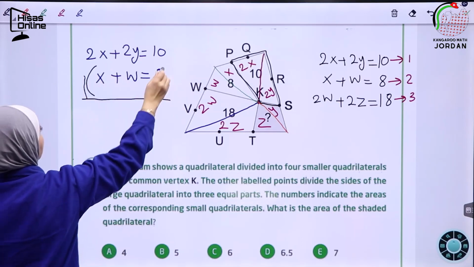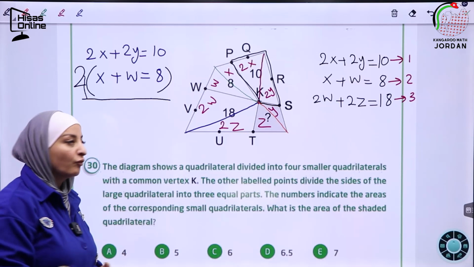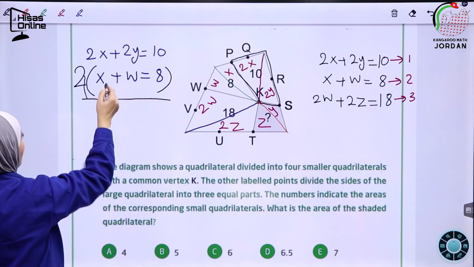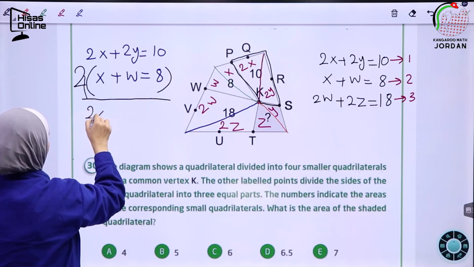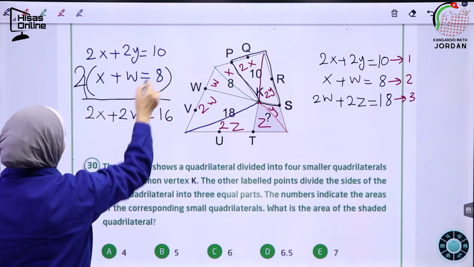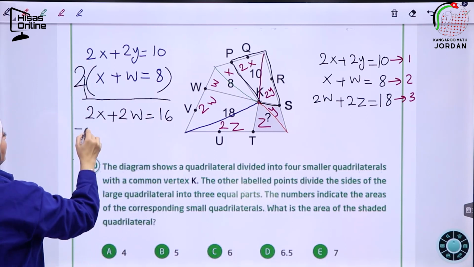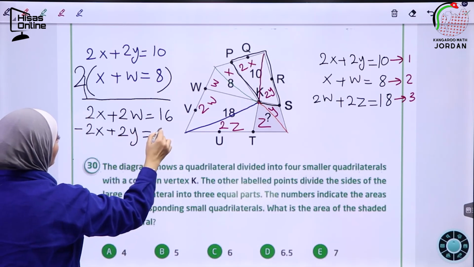Let's multiply this equation by 2 in order to write w in the term of y. So if we multiply it by 2 to have 2x plus 2w equals 16, correct? Minus 2x plus 2y equals 10.